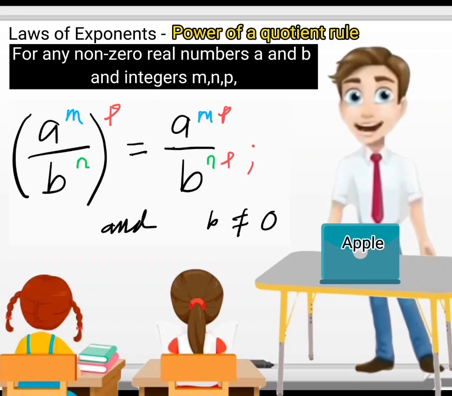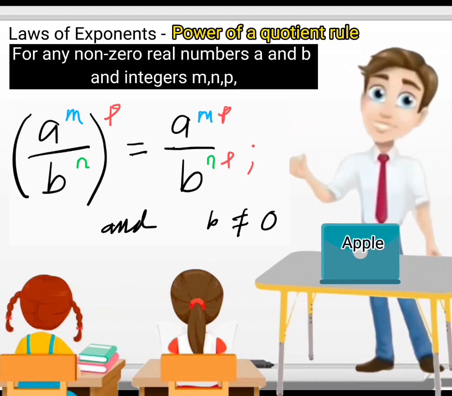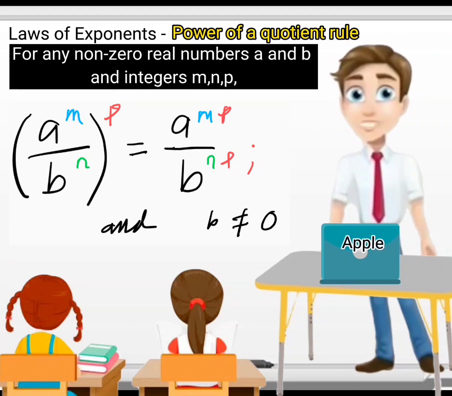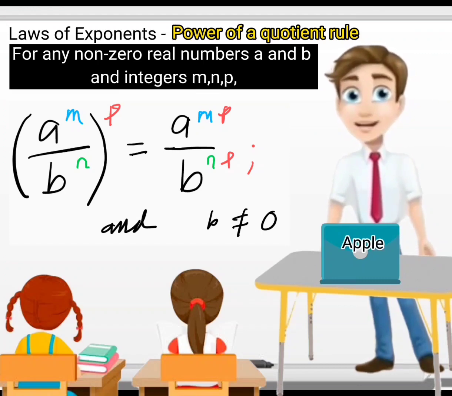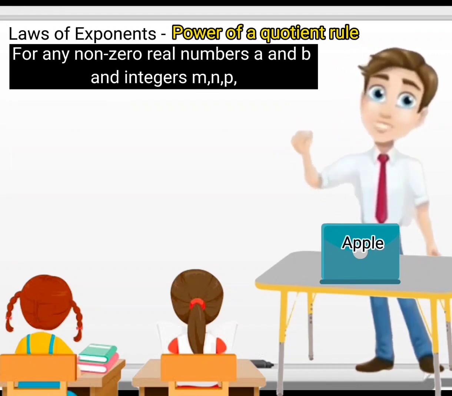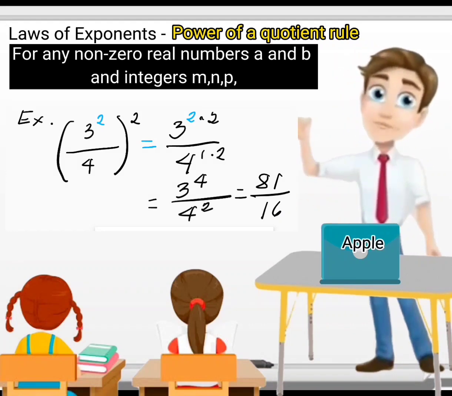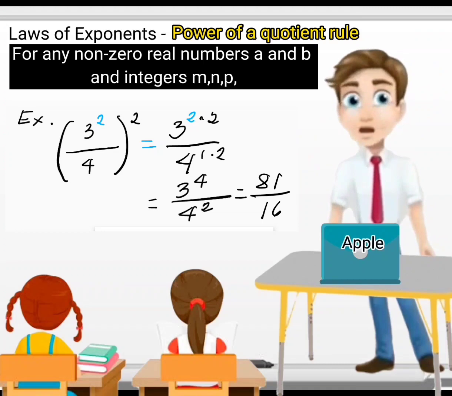So it means that if a quotient is raised to another exponent, then we simply distribute the outer exponent to the exponents inside the quantity in the quotient. Is it clear?